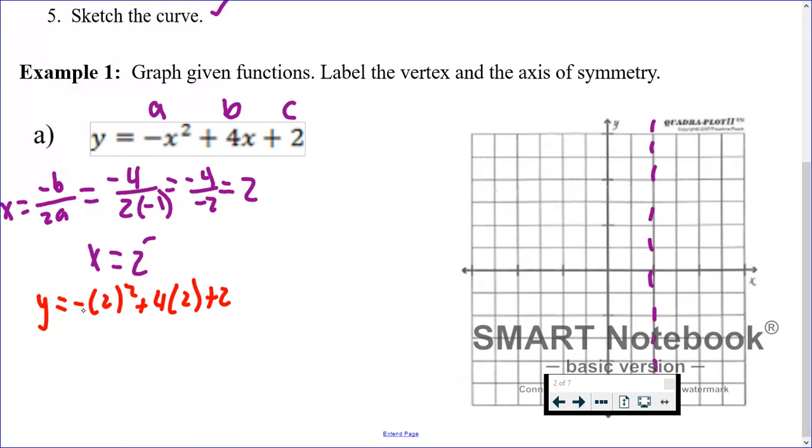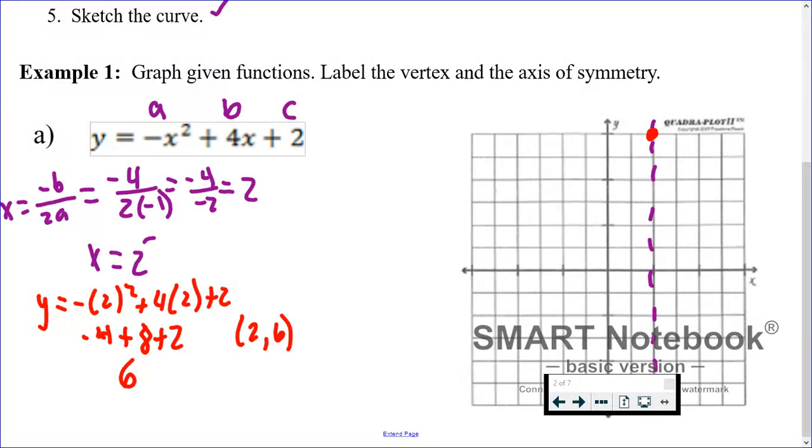So 2 squared is 4, that negative makes it negative 4. 4 times 2 is 8, and then that plus 2 is just plus 2. Negative 4 plus 8 is 4, plus 2 is 6. So now I know the y, when x is 2, the y is 6. So I can plot that point now. So up 6 would be right at the top of this particular graph.